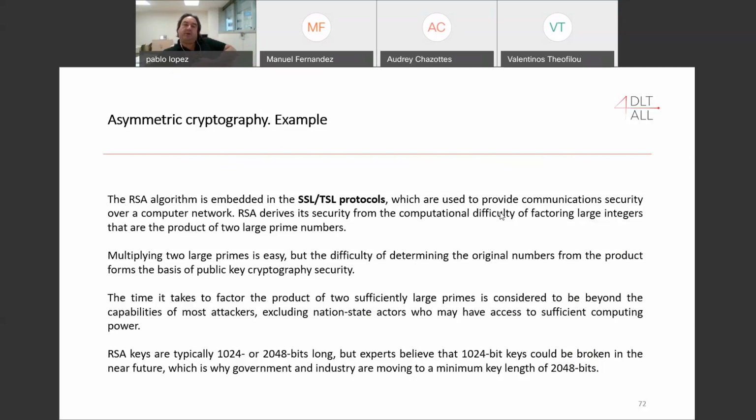This protocol is used to provide communication security over a computer network. RSA derives its security from the computational difficulty of factoring large integers that are the product of two large prime numbers. Someone talked yesterday also about prime numbers and how they are used in cryptography.